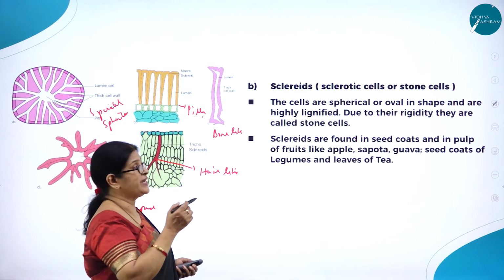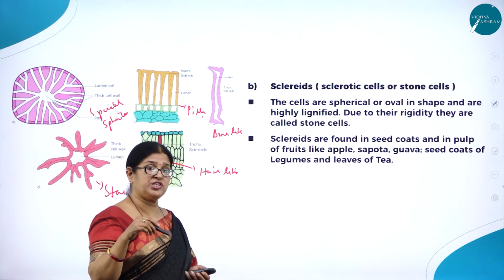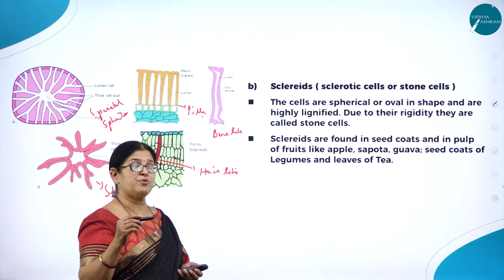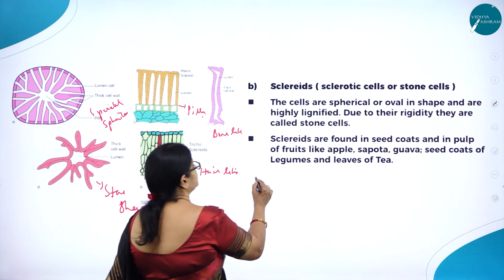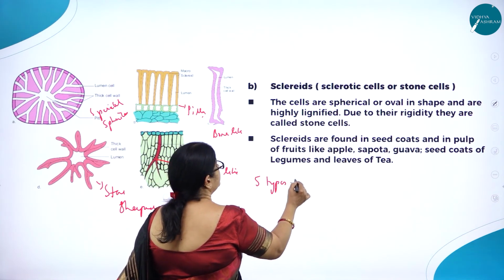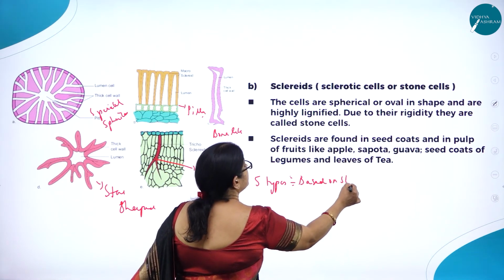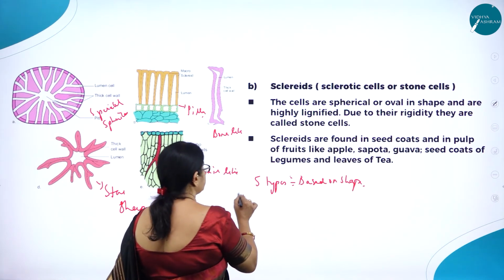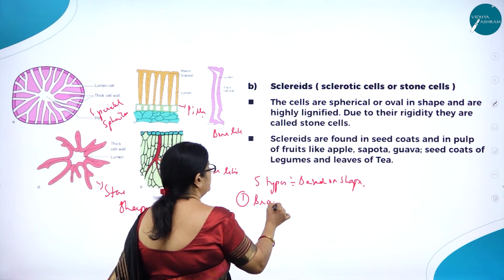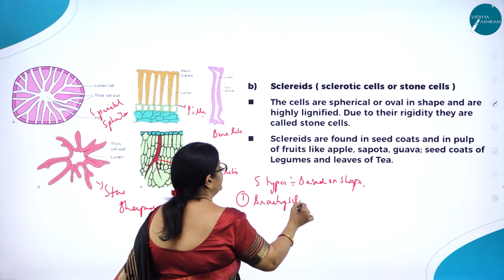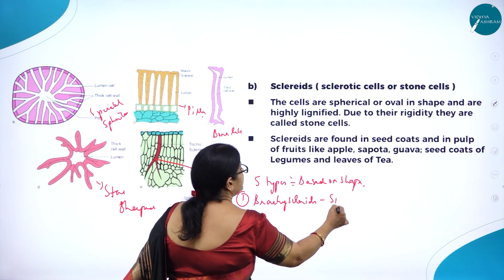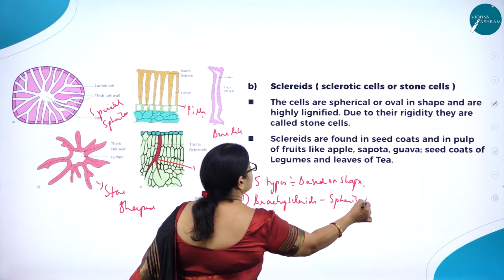Based on the different shapes, sclerids have been broadly classified into 5 types. Based on shape, the first one is called brachysclerid, spherical in shape.